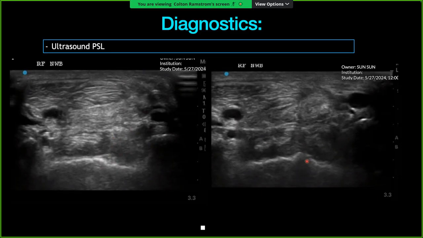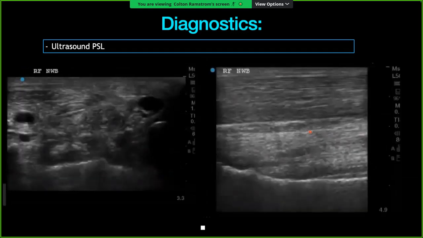Similar view here, some irregularity in that palmar cortex, and some irregularity in asymmetry in the size and irregularity in the echogenicity or architecture of that structure. Couple more images here. Longitudinal, we can see some irregularity in that palmar cortex here as well.